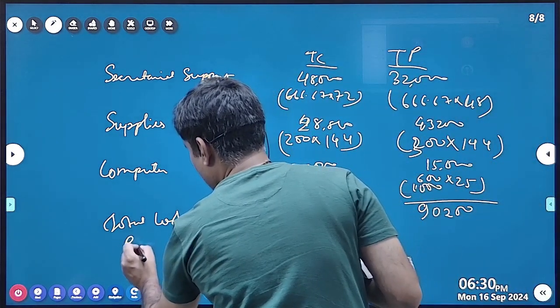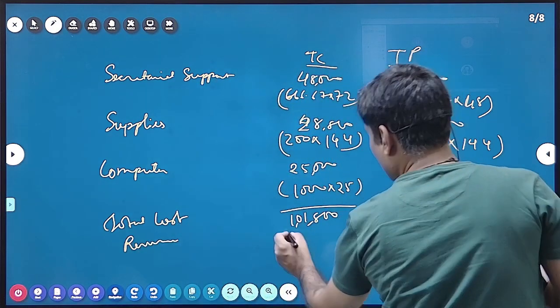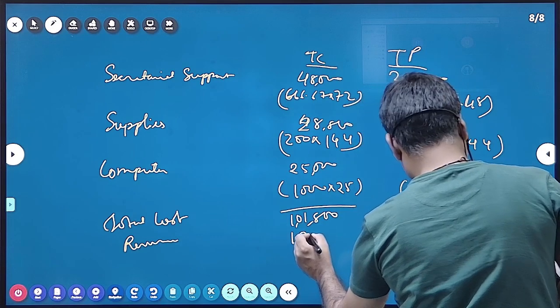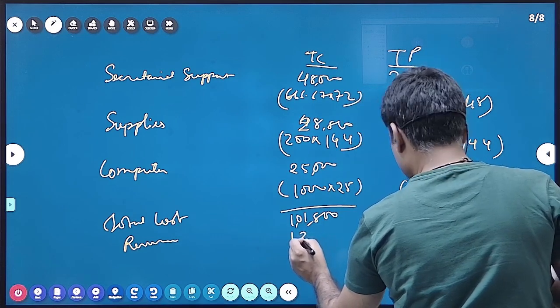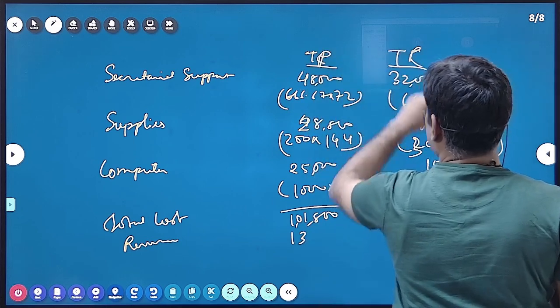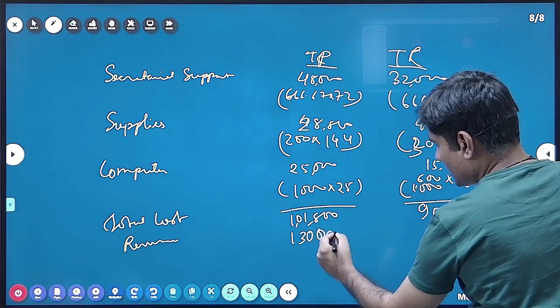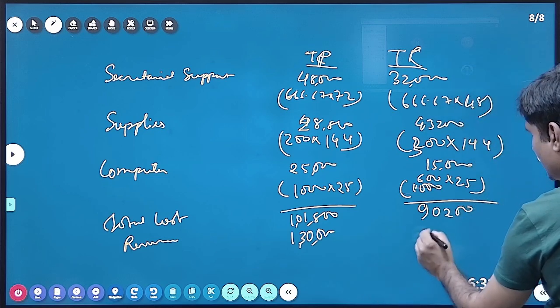Revenue is how much? It is tax preparation and tax consulting: 130 and 270.